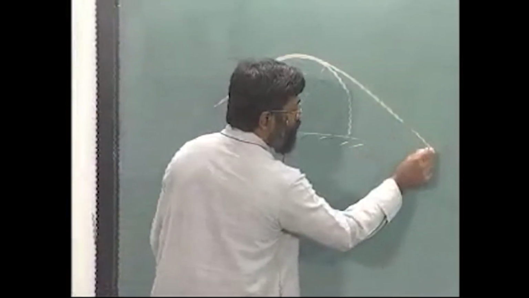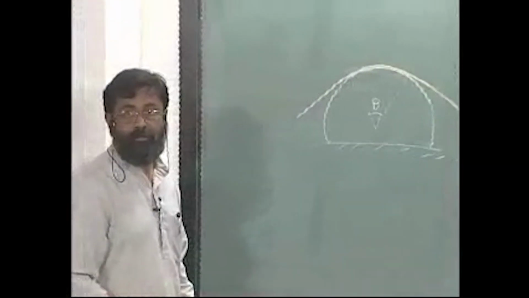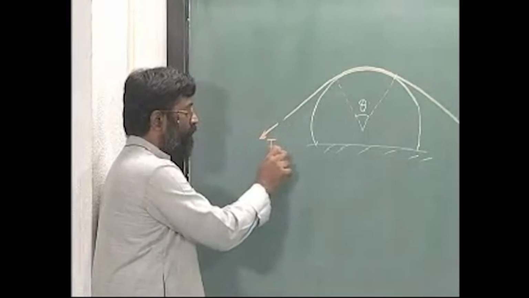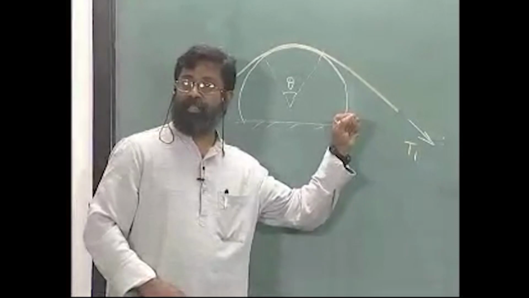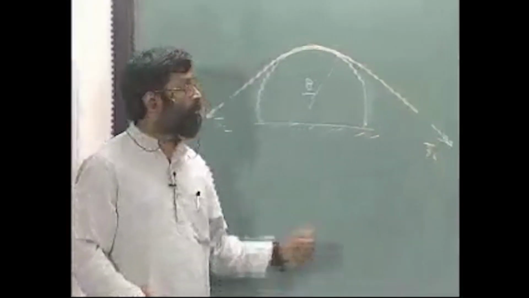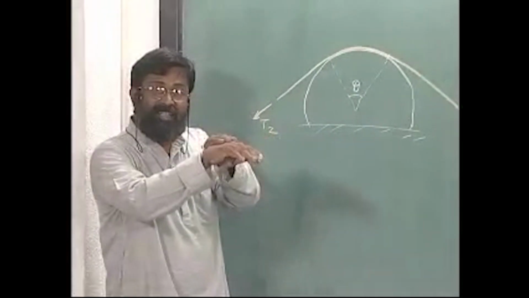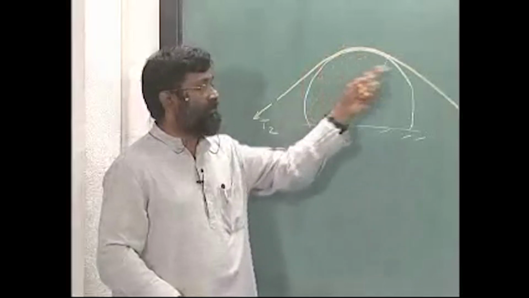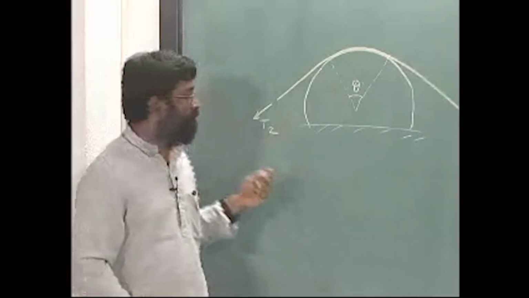There is a force that is acting here, let us say T1. There is a force acting here, say T2. This T1 is such that it is trying to pull this belt or cable so that it slides on the surface, or is about to slide on the surface, okay.